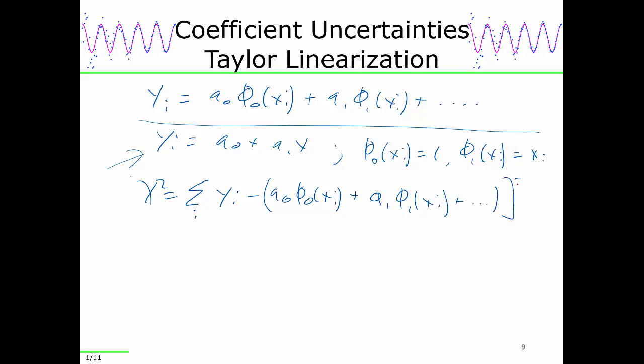And then this whole thing is squared. And let's leave in the sigma i squareds too. So if I want to know the most probable set of coefficients, that corresponds to the derivative of chi squared space equaling 0.